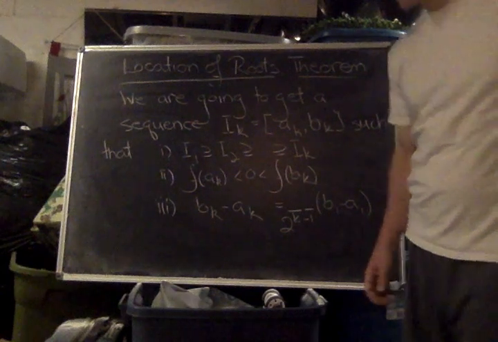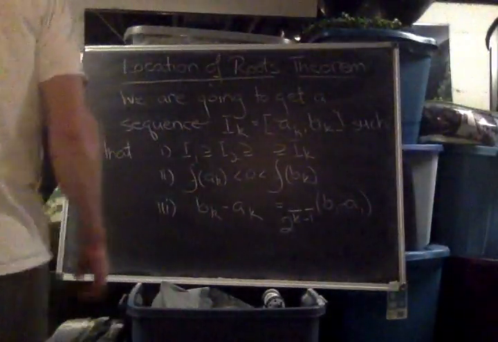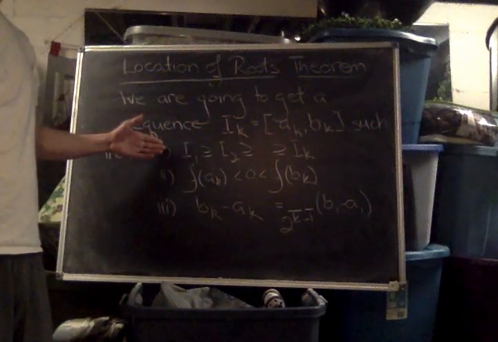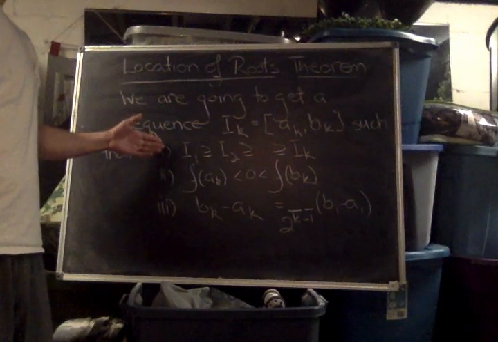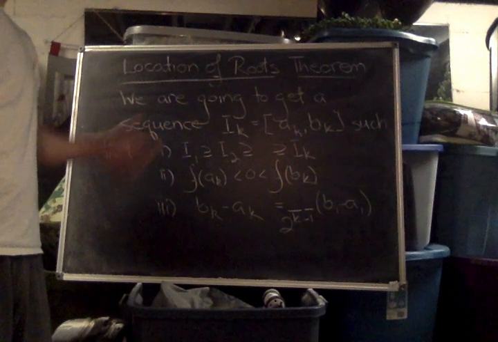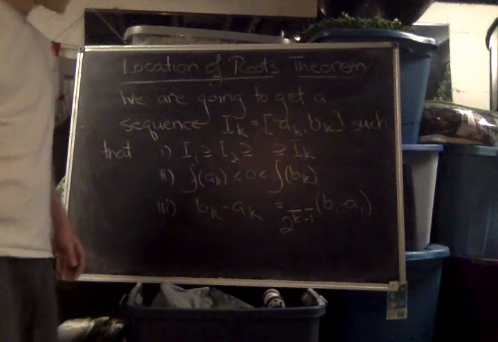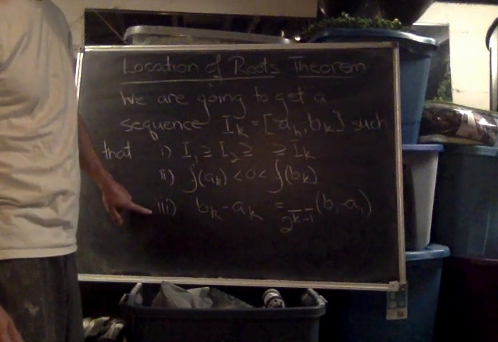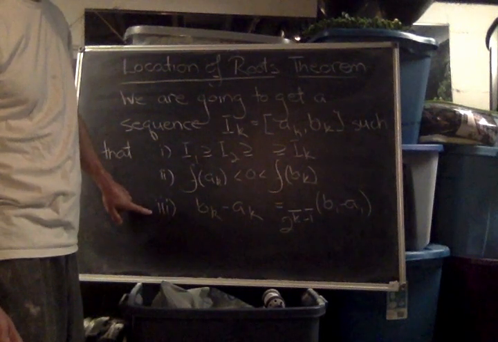And then what's going to happen is that the intersection of all of these intervals is not just going to be non-empty, which is the basic thing guaranteed by the nested intervals property. It's also, because of property number 3, in fact just going to contain a single point.